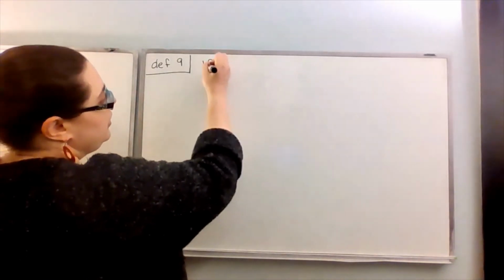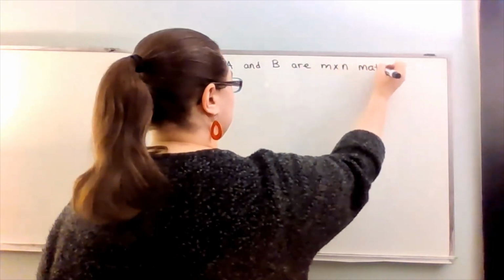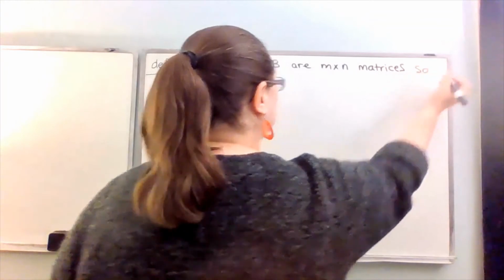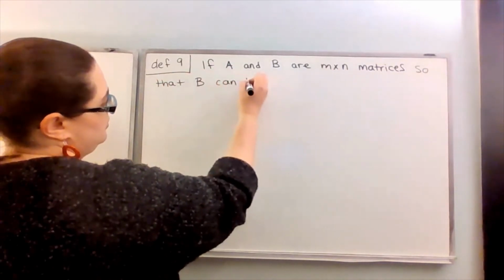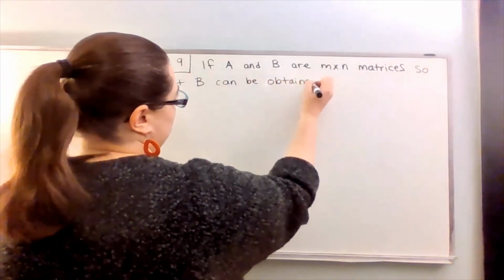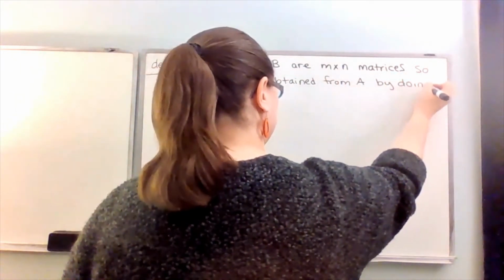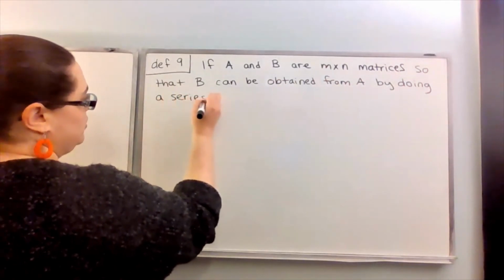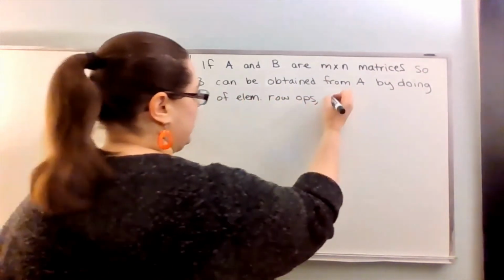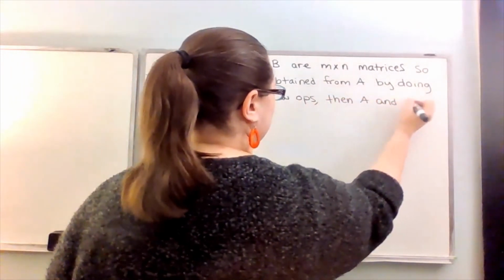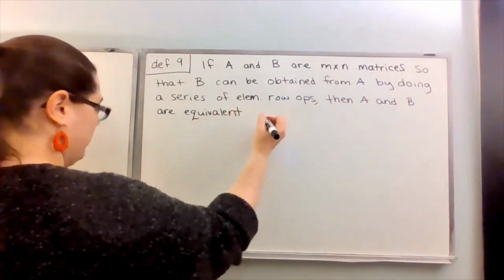So if A and B are m by n matrices, so that B can be obtained from A by doing a series of elementary row operations, then A and B are equivalent matrices.